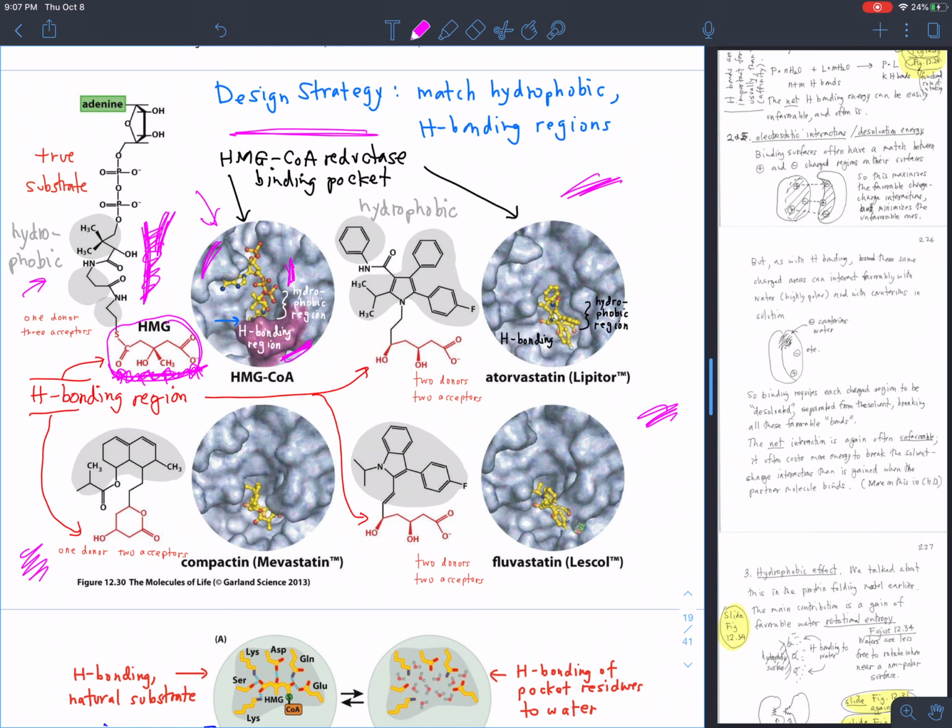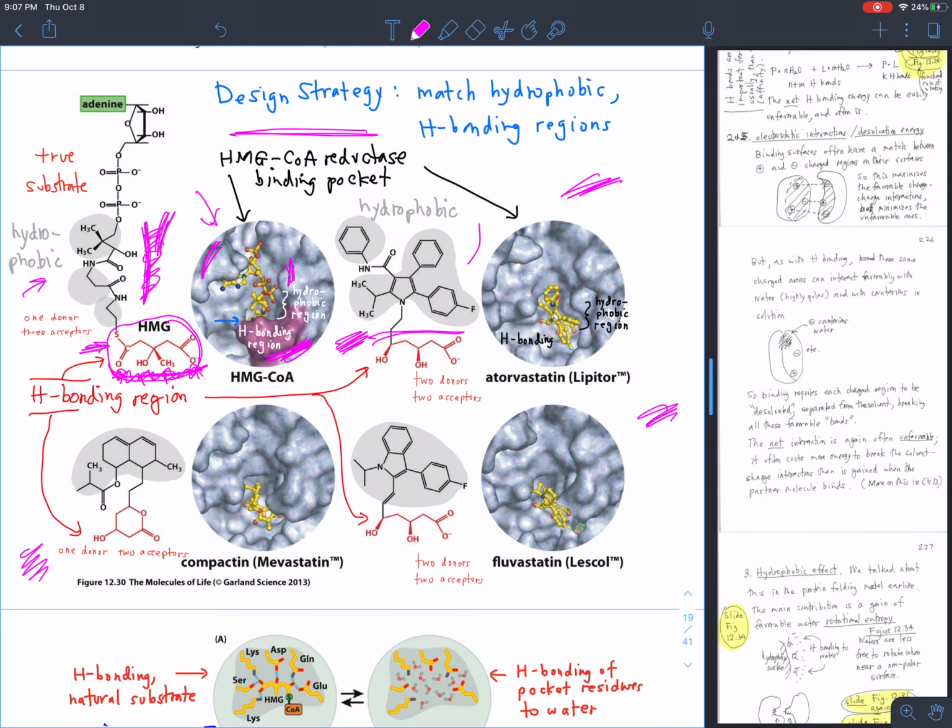So the people who were designing these drugs said, okay, this is how the natural substrate binds. Let's see if we can mimic that first of all and make it even stronger. They mimicked it by giving it a region that has a similar hydrogen bond pattern, so that it will bind in this hydrogen bonding region.